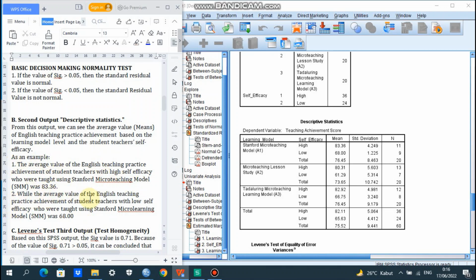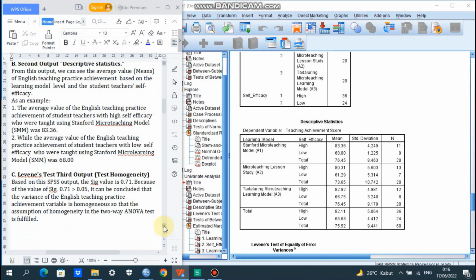And then the average value of the English teaching practice achievement of student teachers with low self-efficacy who were taught using the Stanford micro teaching model here is 68.00. And then for the next you can continue by yourself: micro teaching lesson study, high self-efficacy, low self-efficacy, Tadaluring micro teaching learning model, high self-efficacy, and also low self-efficacy.